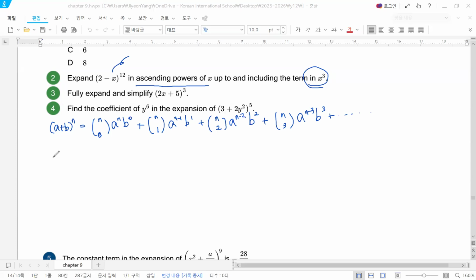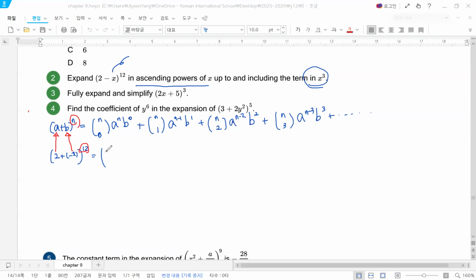In this way, since it is given as 2 minus x, I told you that you should rewrite it as 2 plus negative x to the power of 12. So you need to substitute 12 for n, 2 for a, and negative x for b.